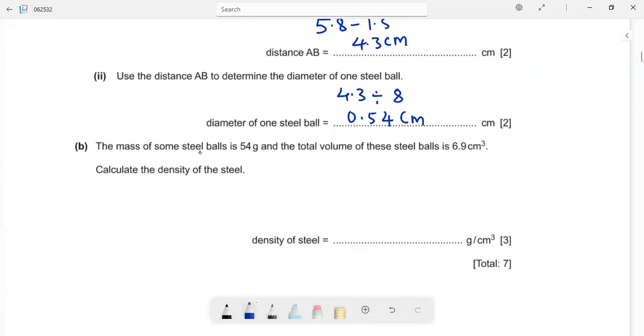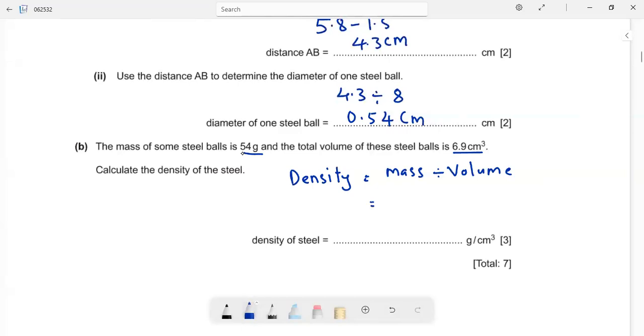Next, the mass of some steel balls is 54 gram. And the total volume of these balls is 6.9 centimeter cube. So what is the density? Density is equal to mass divided by volume.